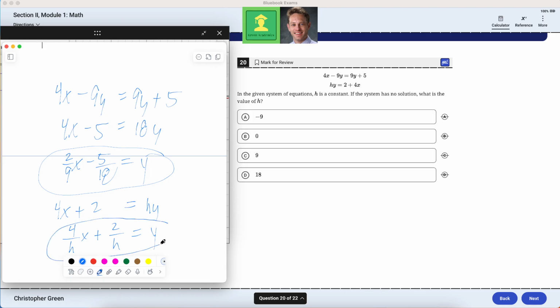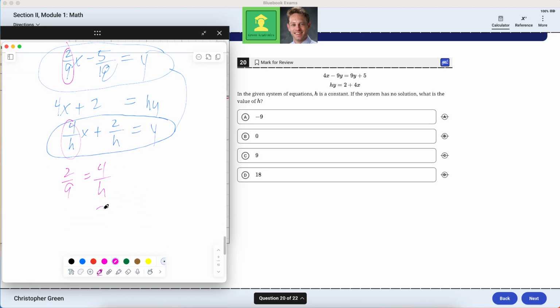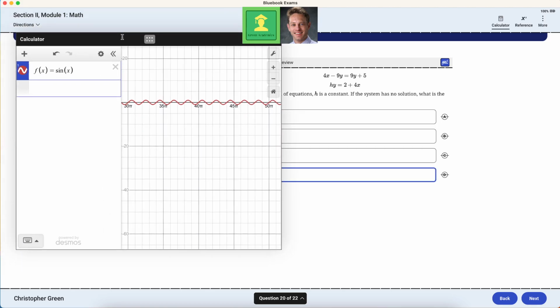Now, if a system of 2 lines has no solution, that means the lines must be parallel, because a solution is where they intersect. So if these never intersect, then this has to equal this. So if 2/9 is 4 over h, 2h is 36. Answer is 18.